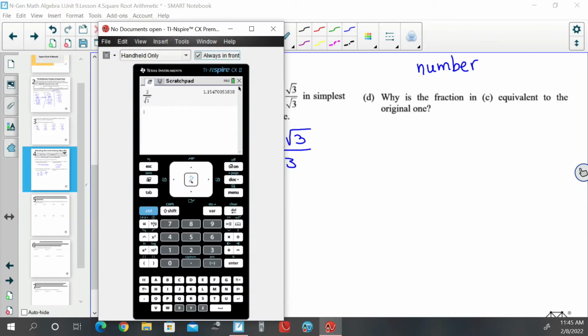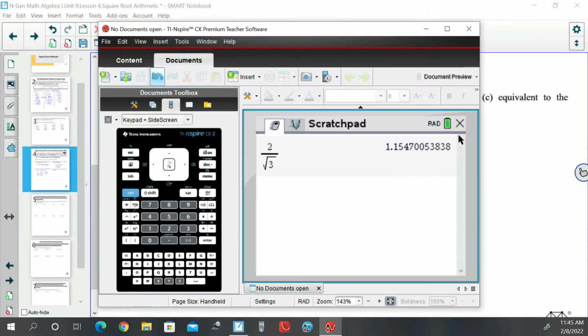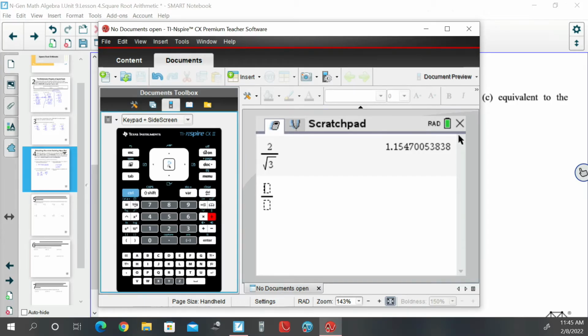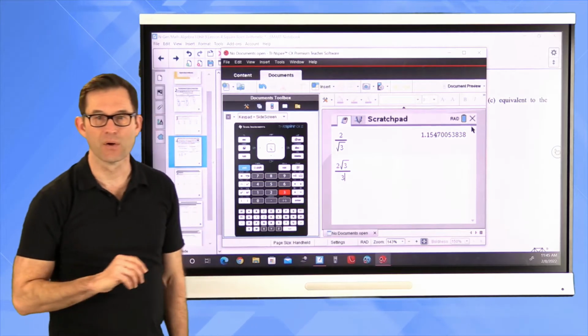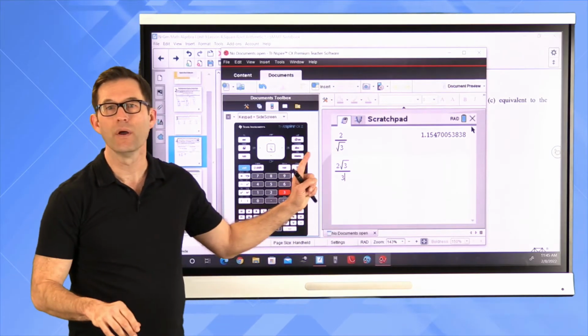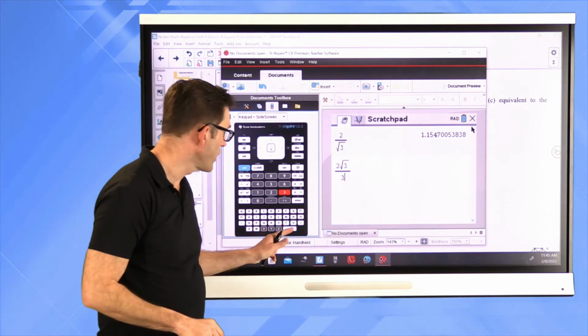Okay, here we go. So I'm going to use my fraction bar this time. Remember, I had 2 times the square root of 3 all over 3, right? So the result of that problem was 2 times the square root of 3 over 3.